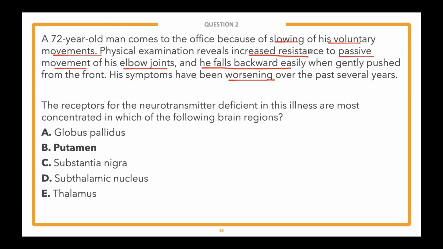So the correct answer here is putamen, because they asked us where the receptors for the neurotransmitter are most concentrated. And if you hadn't picked up on that, you would have picked substantia nigra, missed this question, even though your knowledge was on point. So this is a very important test-taking skill to see and make sure you read the question carefully and you answer the correct question.